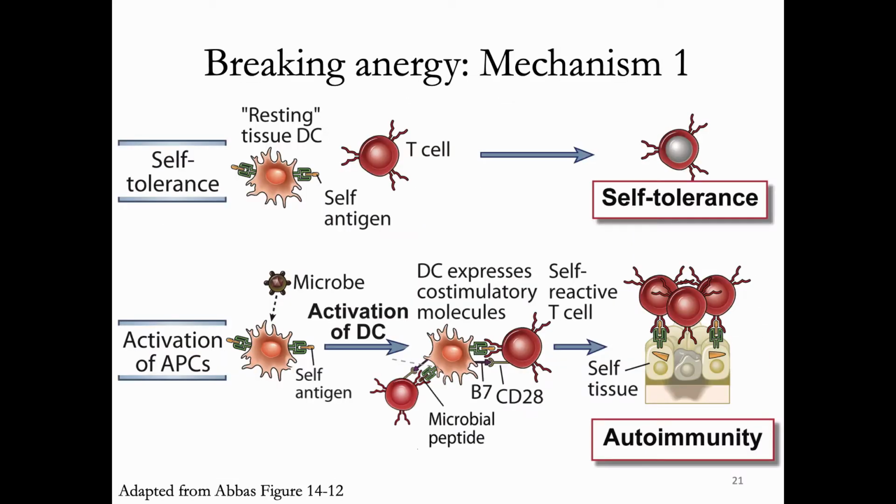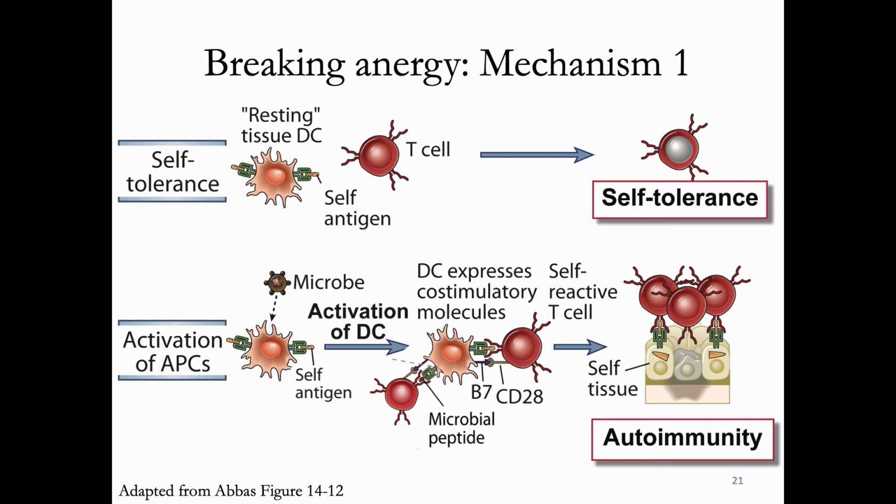So here is the first mechanism of breaking anergy that we know of. Normally, an antigen-presenting cell at rest will be presenting self-antigen. It will interact with that T cell through signal 1, but there will be no signal 2, and that T cell will become tolerized. Specifically, that T cell will become anergized.